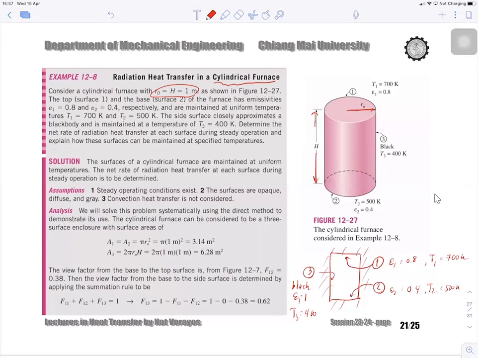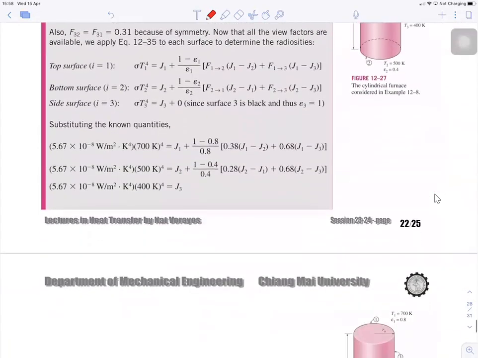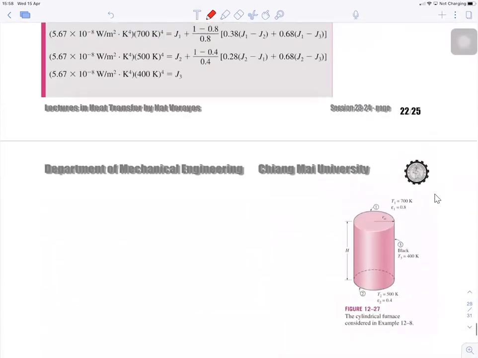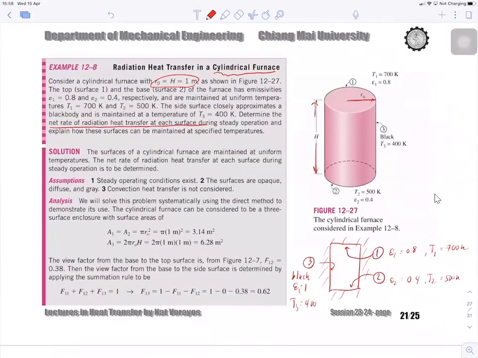And they asked us to find the net rate of radiation at each surface. When they ask you to find the heat radiation rate, it asks you to find Q1, Q2, Q3.